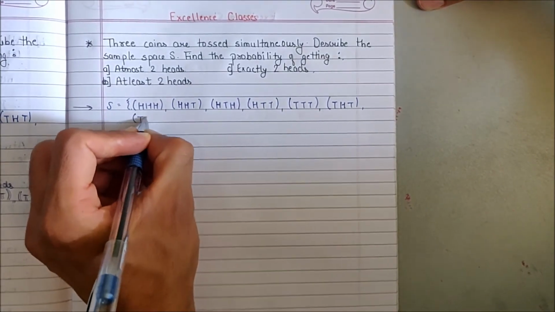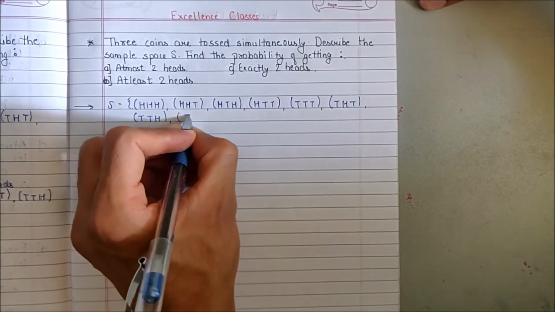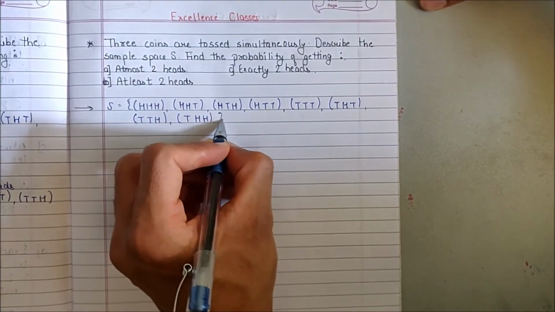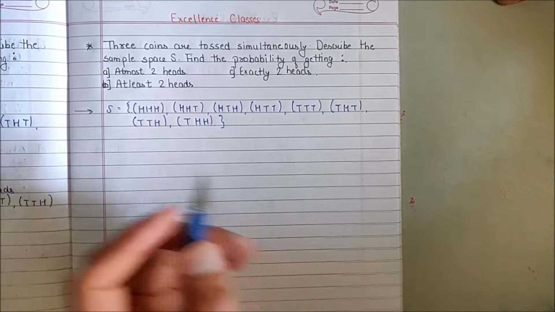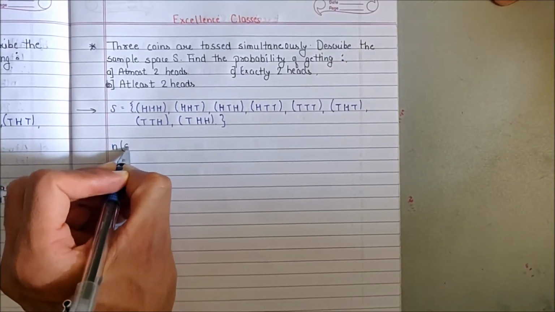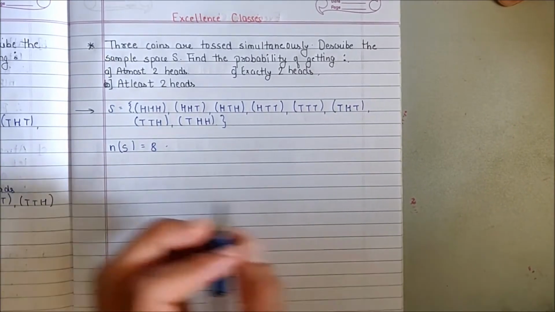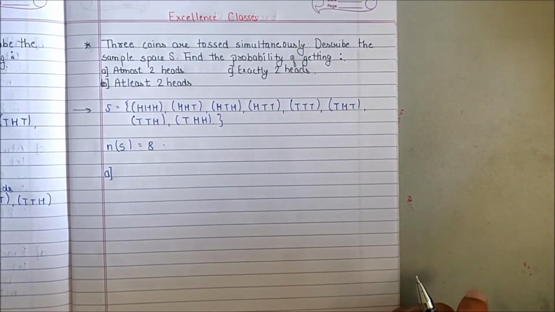Then I can say first and second tail, third one is giving me head. Then first is giving me tail, second and third are giving me heads. So this can be my sample space. So let us find the number of elements in the sample space, that is n of S is equal to 8.